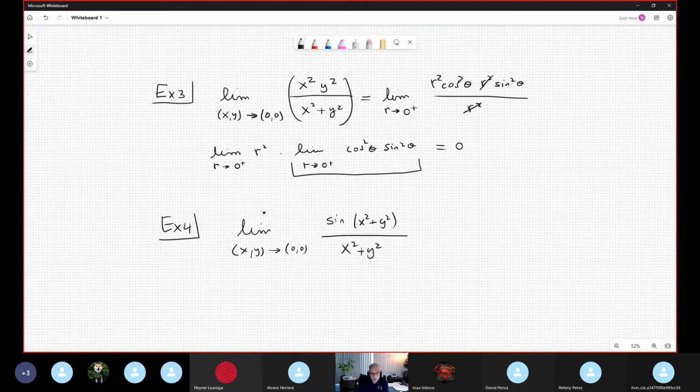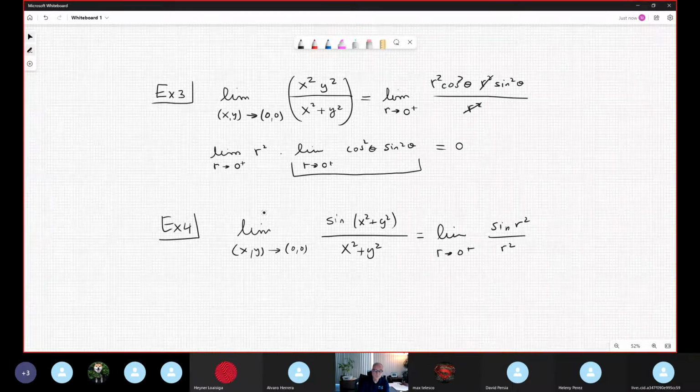Wow, this is easy. Because one more time you see this is equal to the limit as r approaches 0 plus of sine r squared divided by r squared.